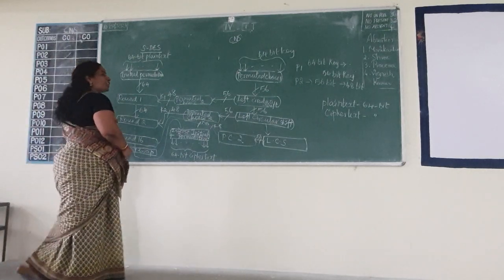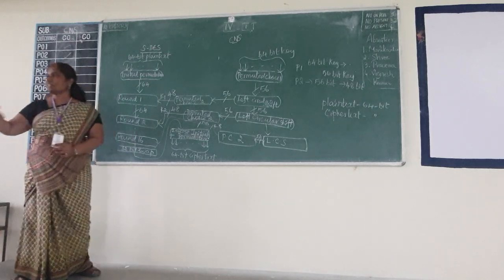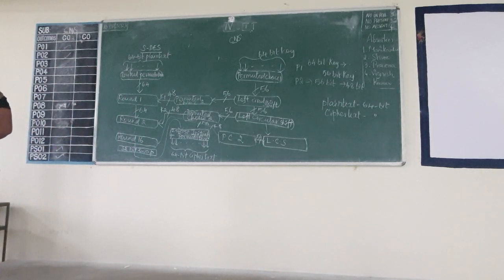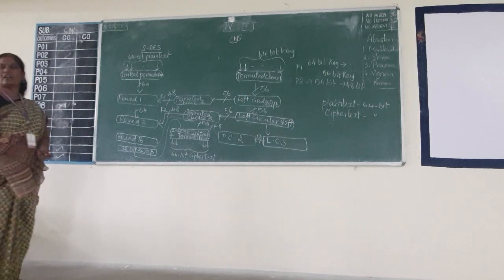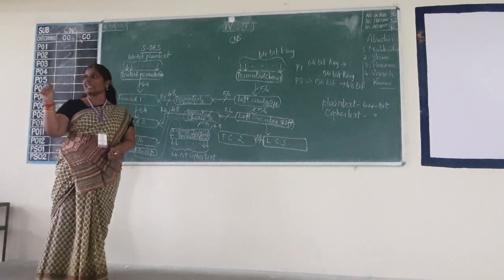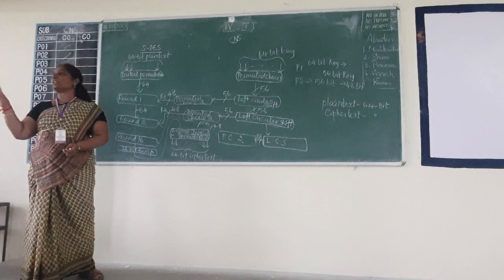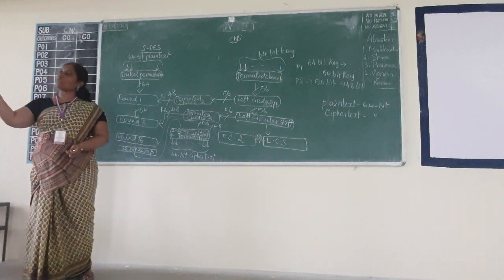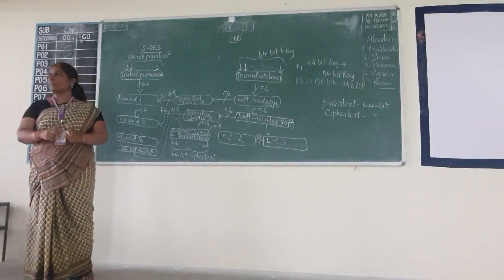And in the substitution function, the next step, there will be 8 substitution boxes. 48 bits will be sent as the input, and each box will take a 6-bit input and convert it to a 4-bit output. That is the S box function. That is also followed by a permutation.